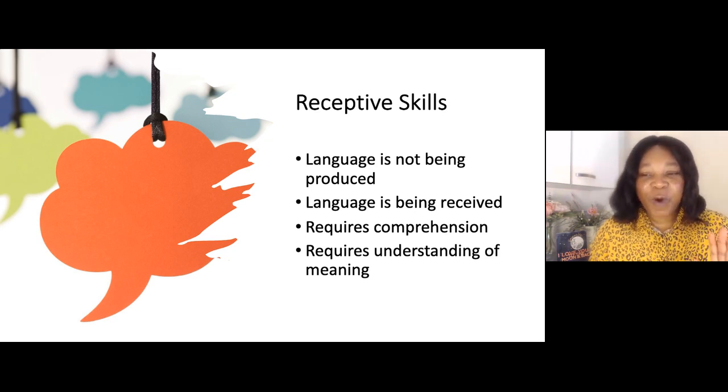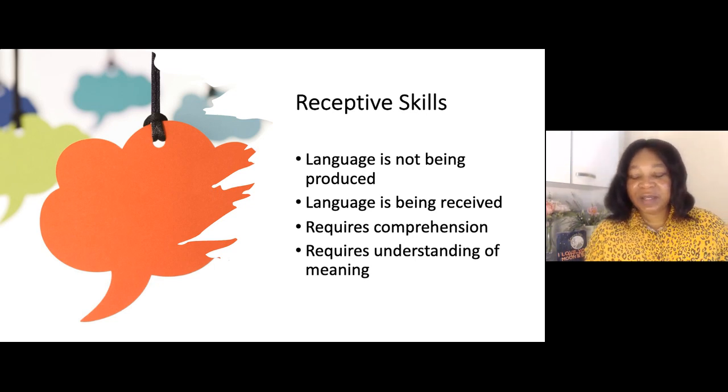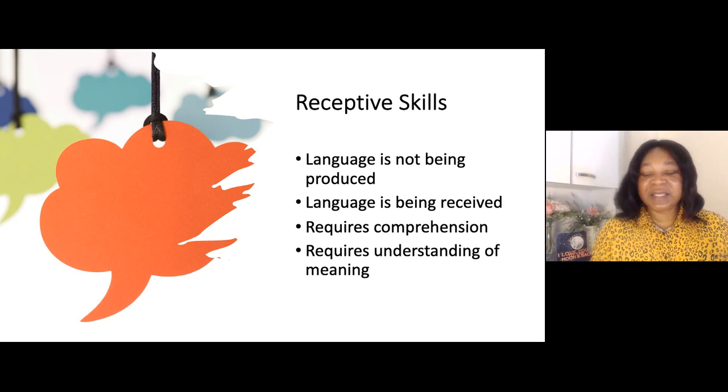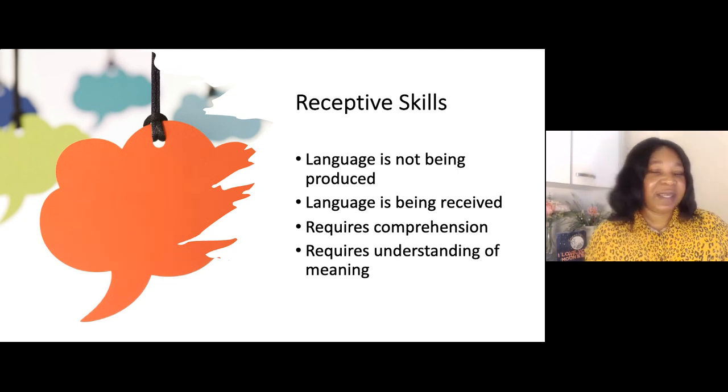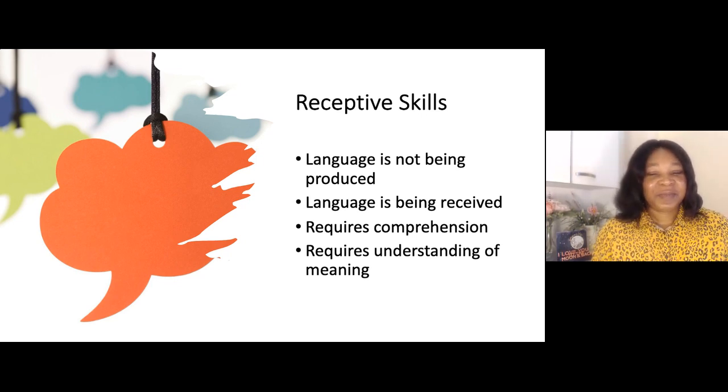Now, from the four skills that I just showed you, can someone identify for me quickly one or two of the receptive skills? On the chat, please tell me what you think. Is it speaking? Is it reading? Is it listening? Is it writing? Which is a receptive skill? A receptive skill requires comprehension. It requires understanding of meaning.